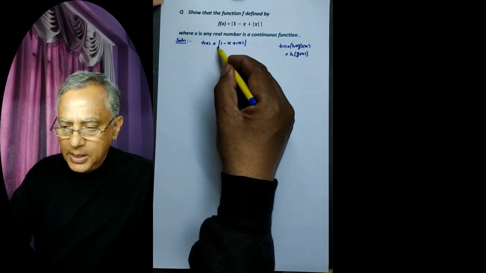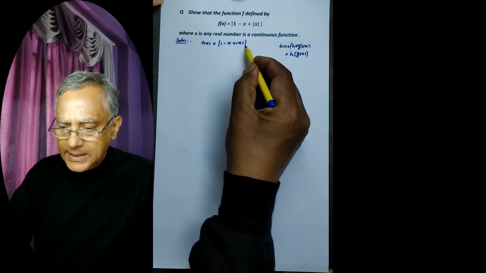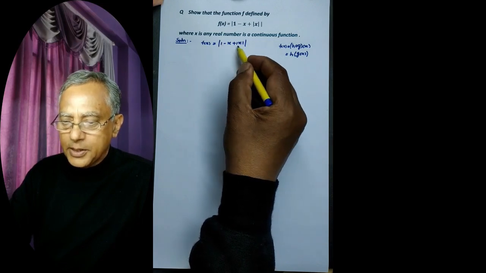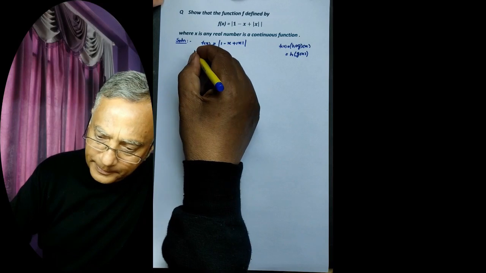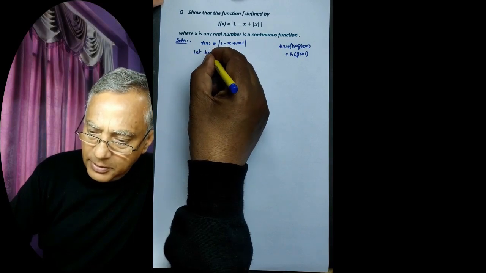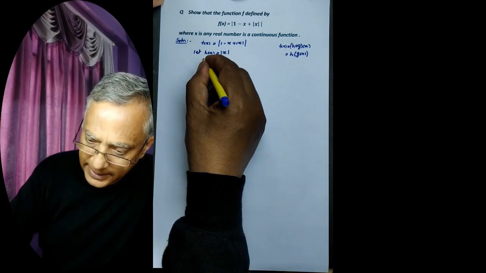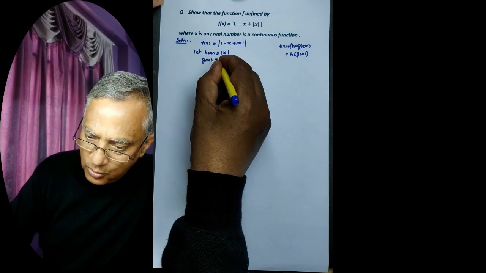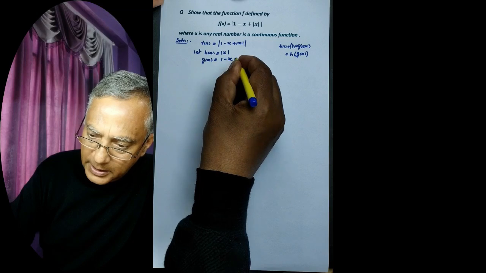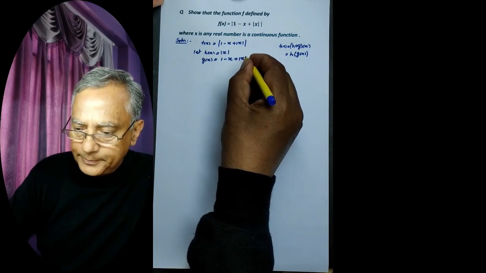So this function is composite of mod x and this function. So let hx be equal to mod of x and gx be equal to 1 minus x plus mod x.